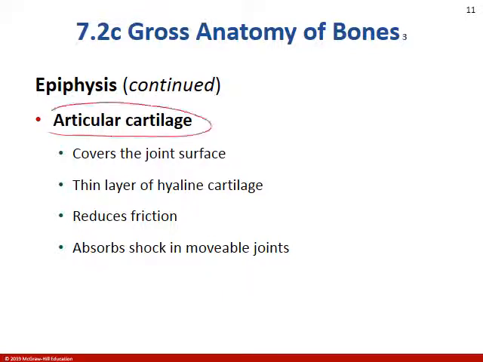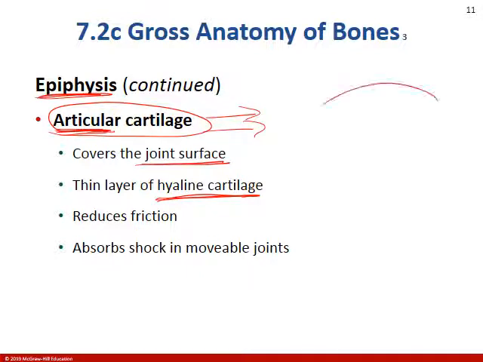They want to make sure you understand that at the epiphyseal ends, you are going to have articular cartilage. What is articular cartilage? It's where two bones come together, where they join or where we have a joint, and they're made up of hyaline cartilage. So if you see articular cartilage, you should be thinking kind of the tissue that surrounds the epiphyseal end of a bone.